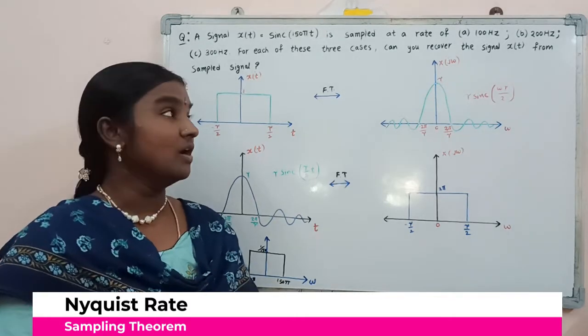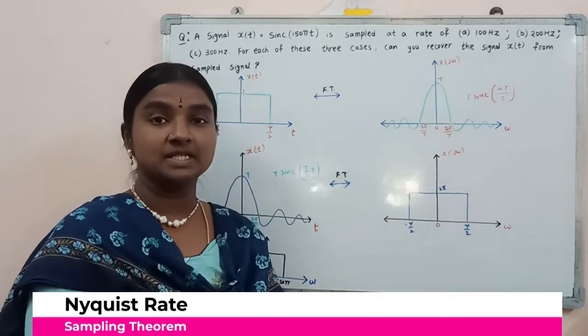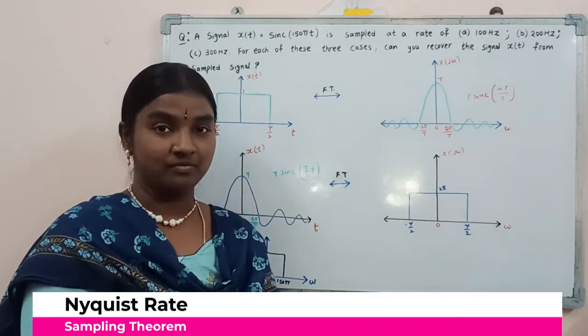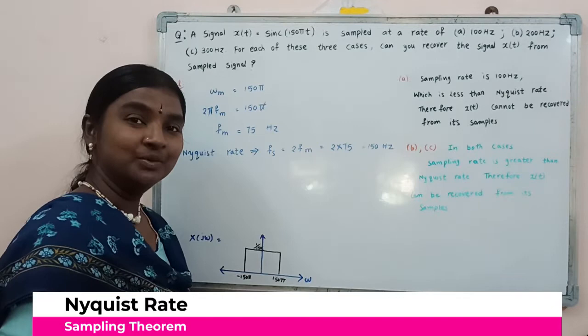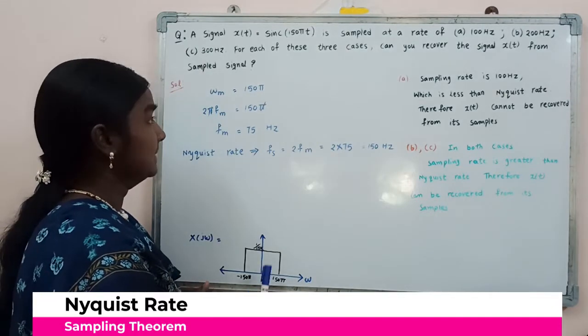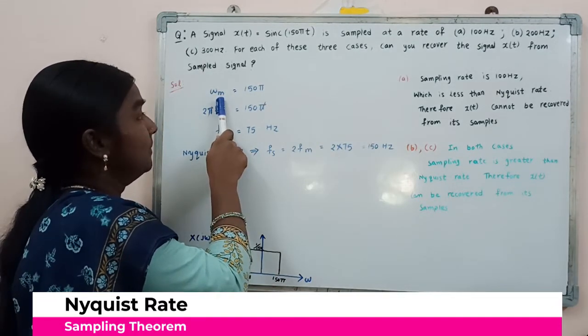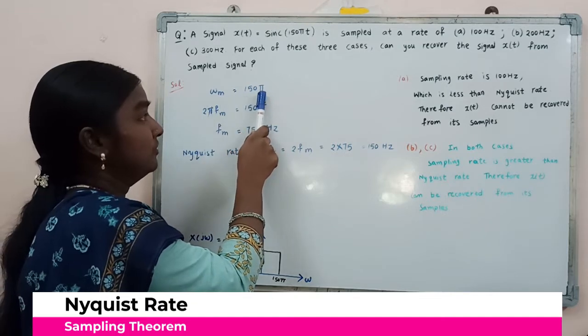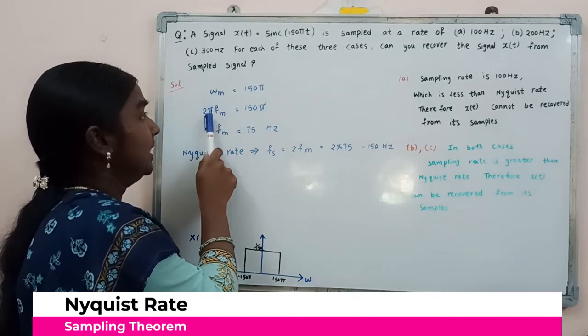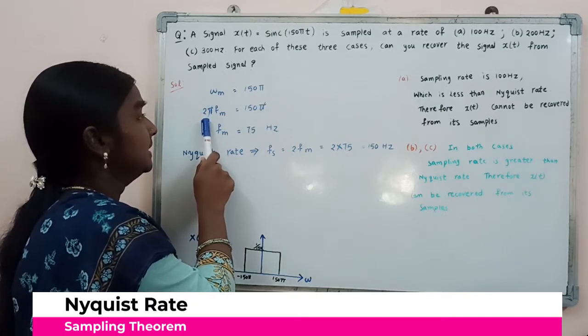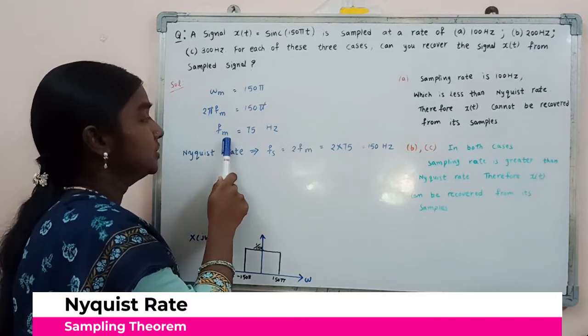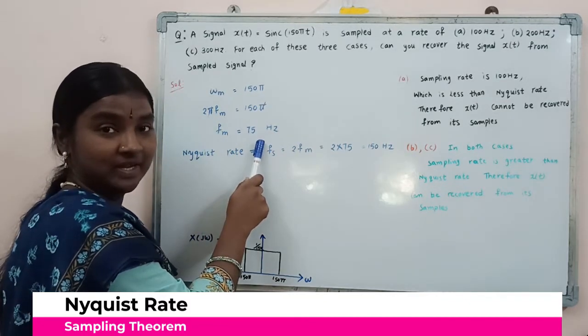Now we will see all these three cases by considering the sampling frequency Fs. From this figure, the maximum frequency omega m is equal to 150 pi. Now omega m can be written as 2 pi Fm, so Fm will be equal to 75 Hz.